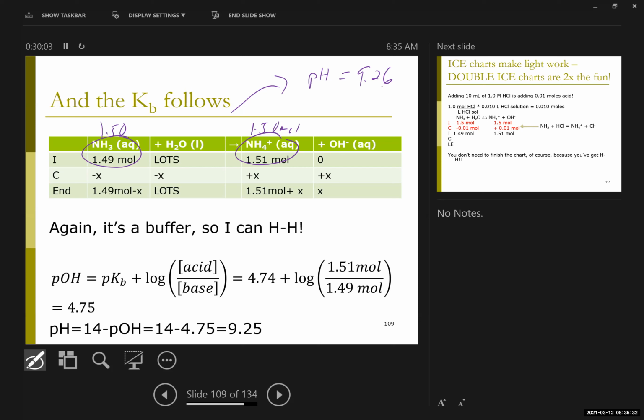And so buffers aren't magic. They resist changes to pH, but they don't completely prevent them. Because as you'll see in a minute, I could keep doing this. If I add a little more HCl, this goes down and this goes up. And if I keep doing that, eventually this goes to zero.